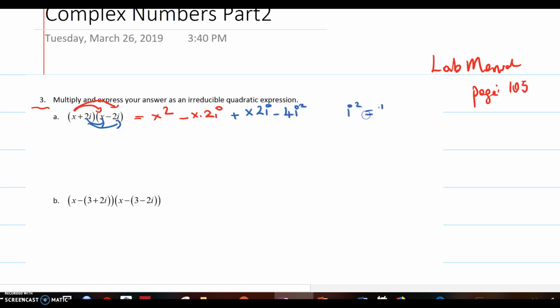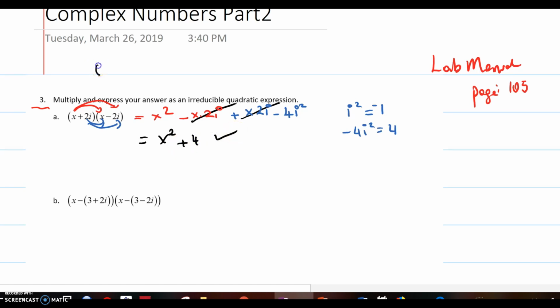So i squared is negative 1, and then negative 4i squared will become positive 4, and then those two terms will cancel, so we're going to end up with x squared plus 4. That's one way of thinking about it.